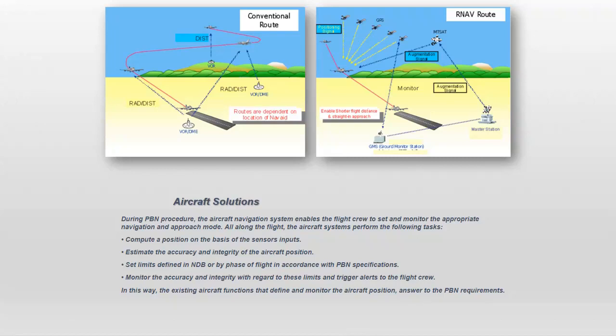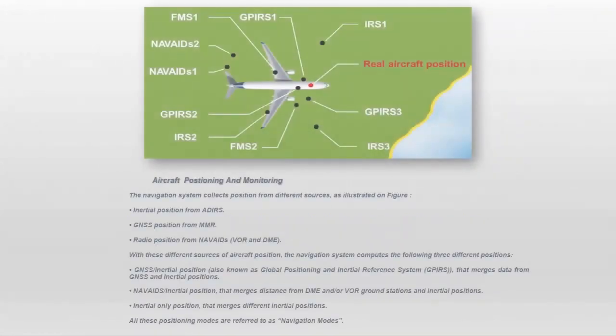Set limits defined in NDB or by phase of flight in accordance with PBN specifications. Monitor the accuracy and integrity with regard to these limits and trigger alerts to the flight crew. In this way, the existing aircraft functions that define and monitor the aircraft position answer to the PBN requirements.